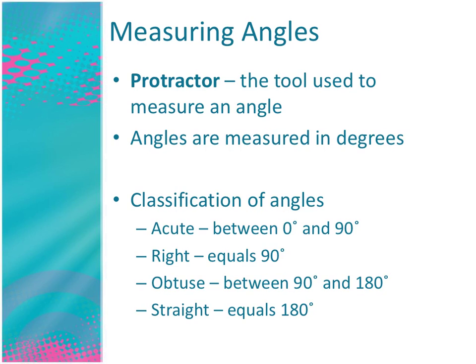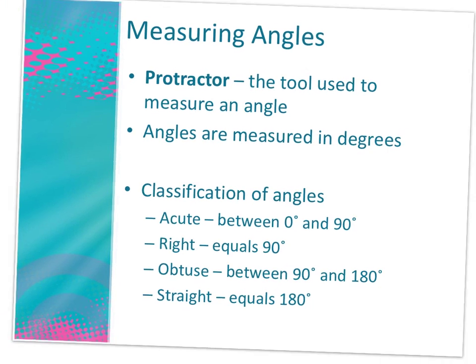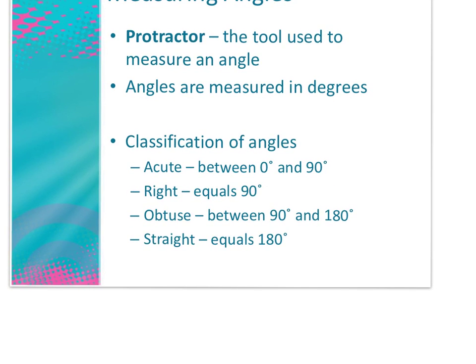Okay, measuring an angle. If I'm actually measuring an angle to get a measurement, I would use what's called a protractor. A protractor is the tool used to measure an angle. Angles are measured in degrees. And there are 4 ways to classify an angle by its measure. The first is if it falls between 0 and 90, it's acute, like a cute little angle, okay?